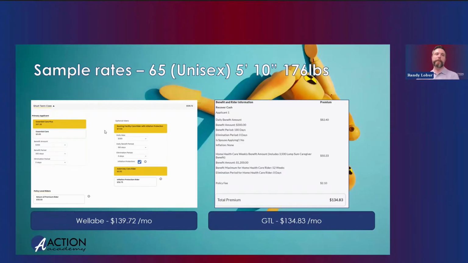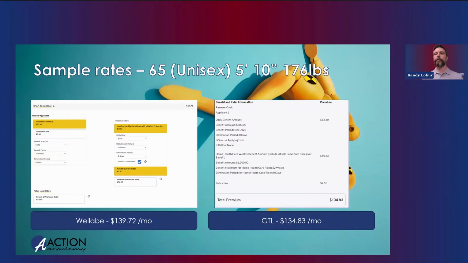GTL, again, remember they build their benefits the opposite way. So they start with that nursing care rider. If I start with that nursing care rider with the $300 per day, 180 days, 0 day elimination period, the premium for that is actually a little bit higher, but their home health care premium is a little bit lower for the exact same benefit, $1,200 for 52 weeks, comes out to $134 there.